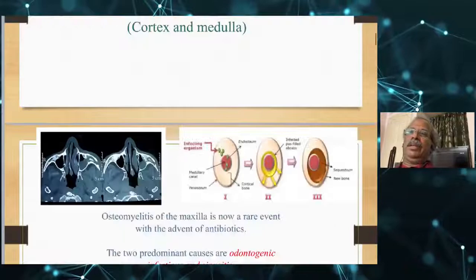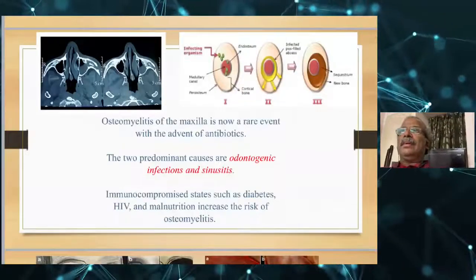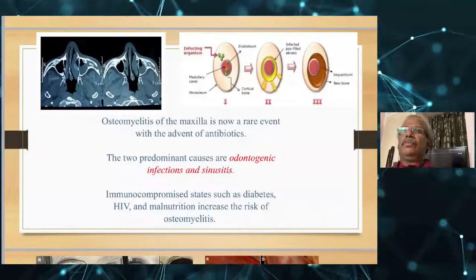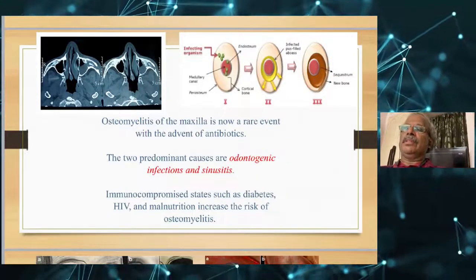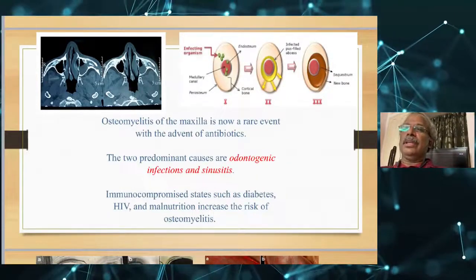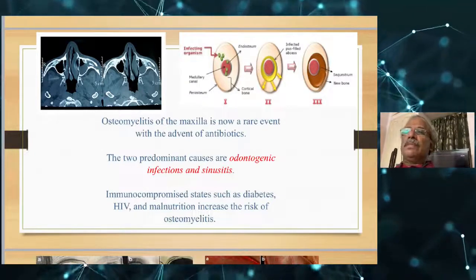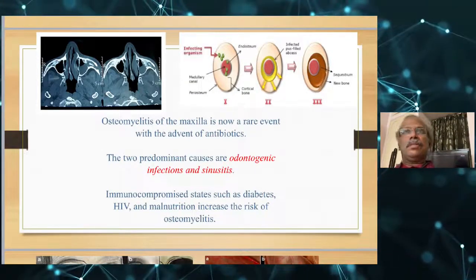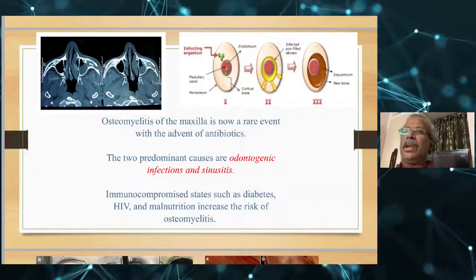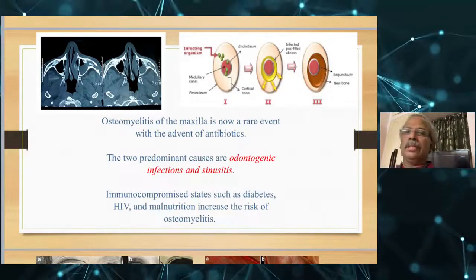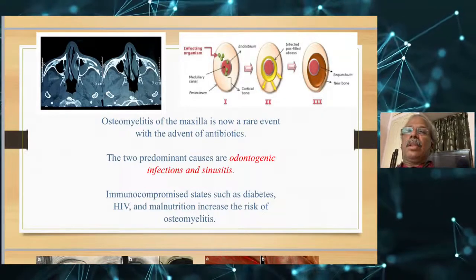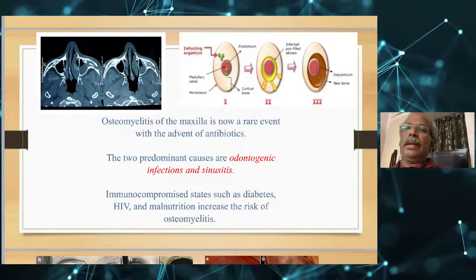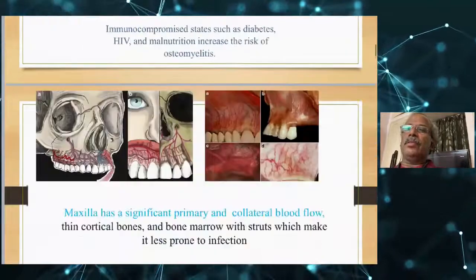Okay, now let me come to that. Why in maxillofacial surgery is the mandible more commonly involved with osteomyelitis? Because osteomyelitis of the maxilla is a rare event: there is a lot of antibiotic use now. Number two, there is a lot of blood supply to the maxilla in comparison to the mandible.